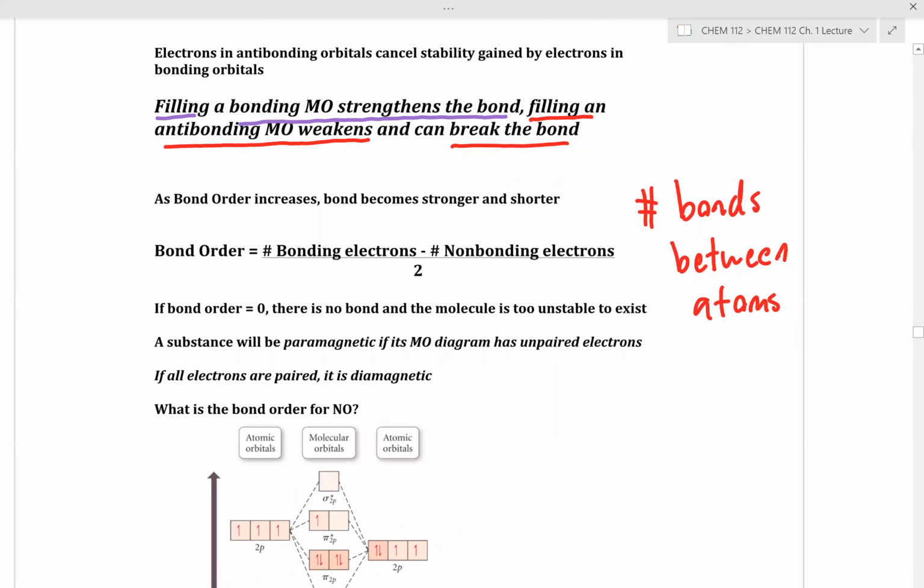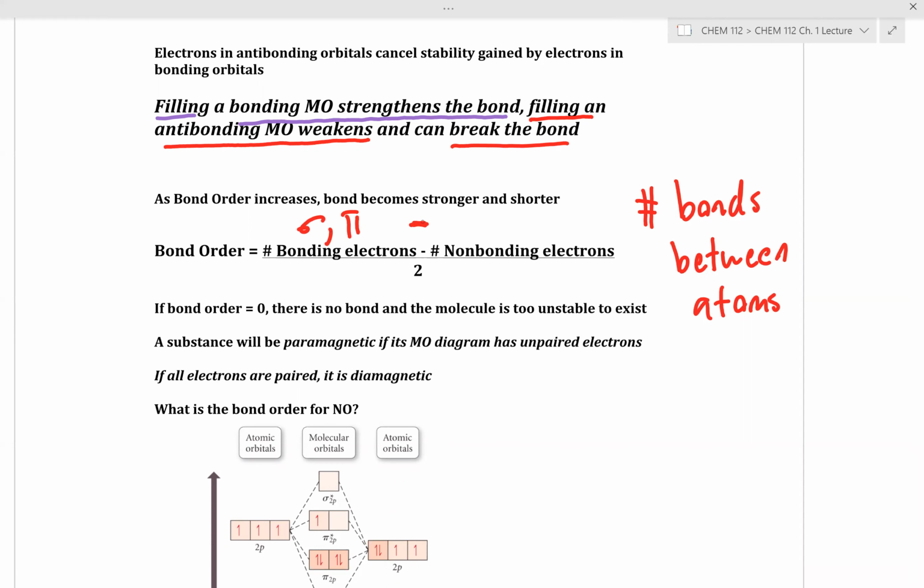And to calculate bond order, all we do is we look at our molecular orbital diagram and we count our bonding electrons. So these are in our sigma and pi bonding orbitals. Next, we subtract our non-bonding or anti-bonding electrons. And what orbitals are we looking at for anti-bonding?